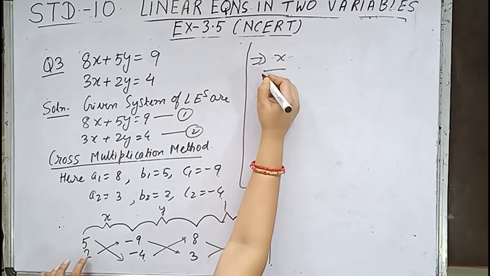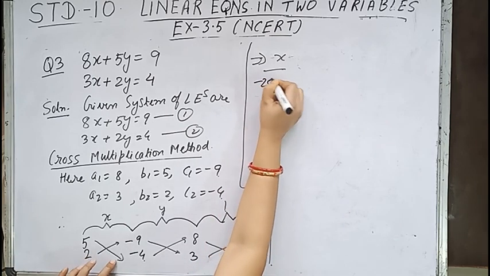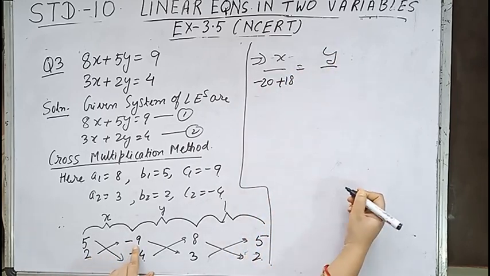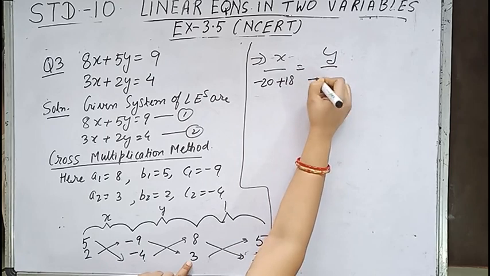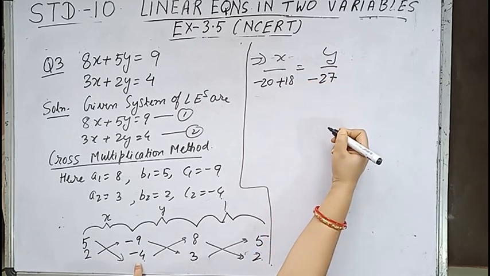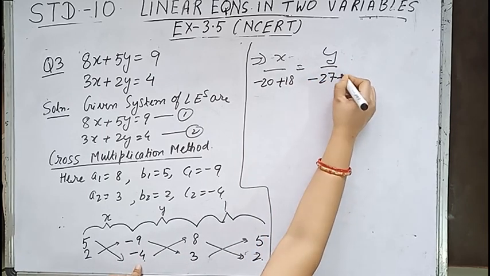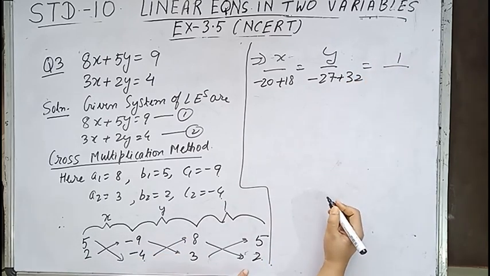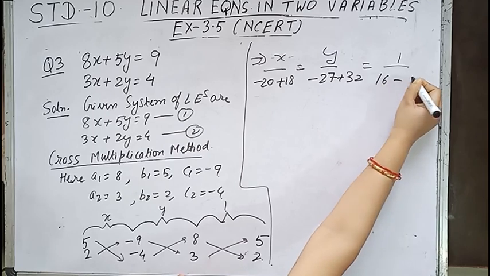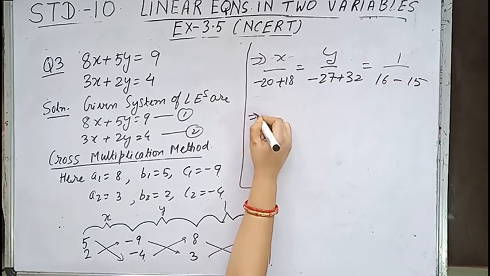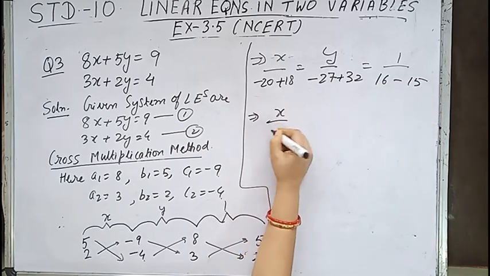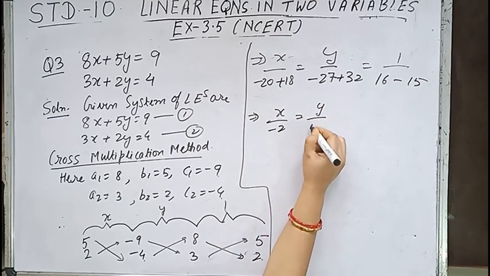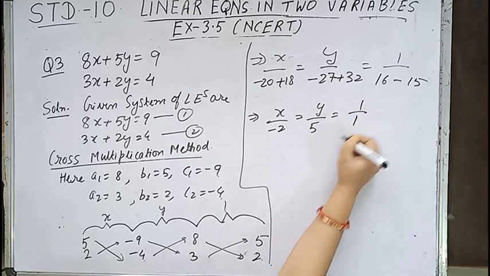Now let us multiply over here x divided by minus of 20 and plus of 18 equals y divided by minus 9 into 3 minus 27, and this one is minus sign, so plus 32 equals 1 divided by 8 2s are 16 and minus of 15. This implies x divided by minus 2 equals y divided by 5 equals 1 divided by 1.